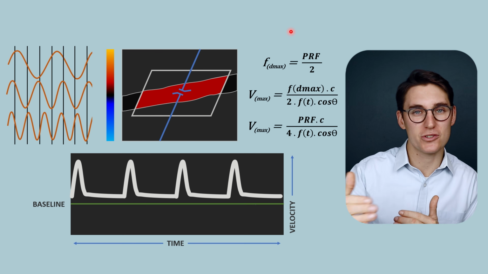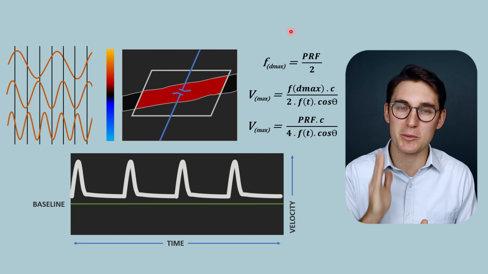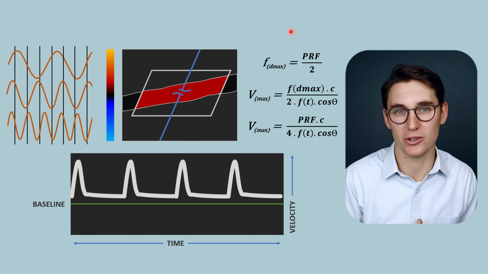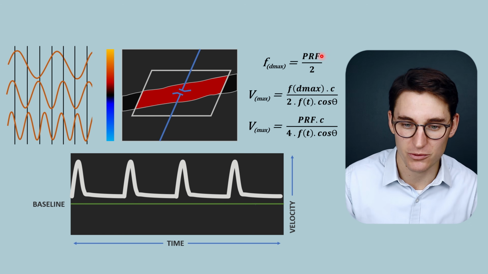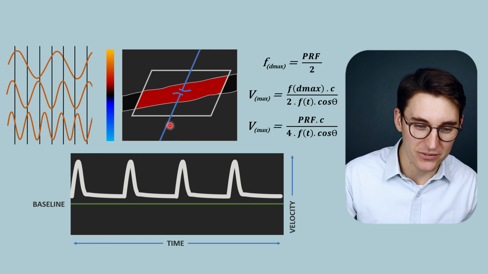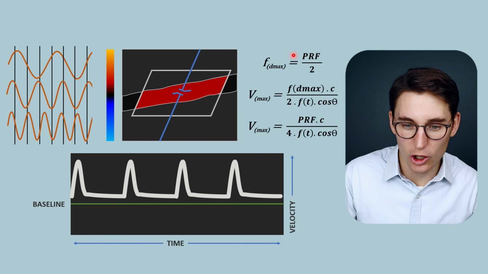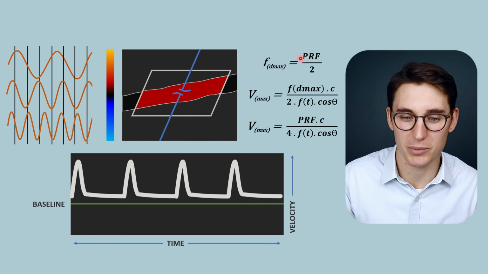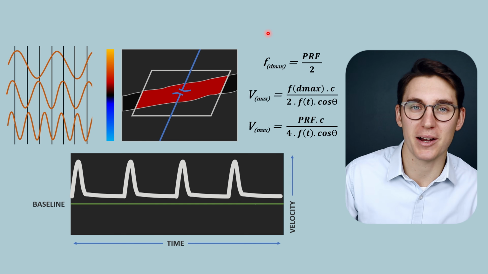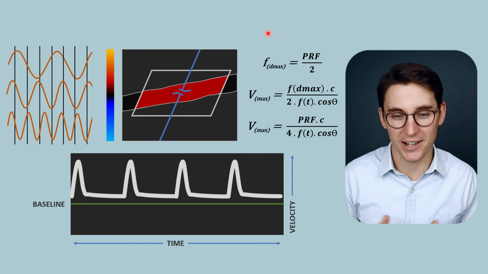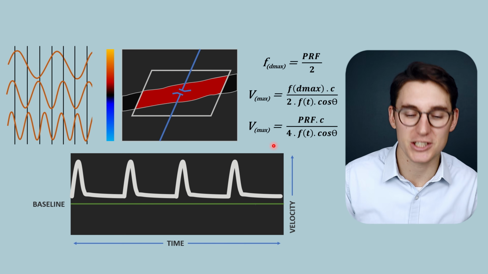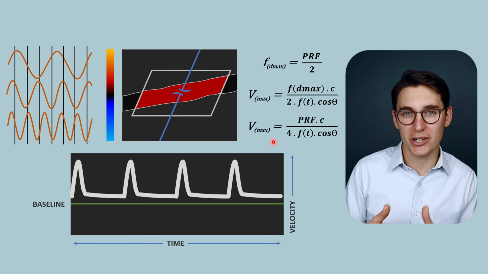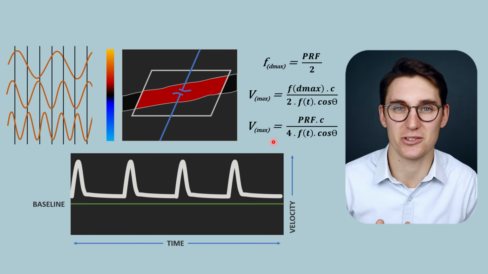And the longer that pulse repetition period, the fewer times per second we can sample the tissue, the lower our pulse repetition frequency. So the deeper this vessel is within the tissue, the lower our pulse repetition frequency can be, the lower the maximum amount of Doppler shift that we can measure. And ultimately, the maximum velocity of blood that we're able to measure decreases the deeper we go into tissues.